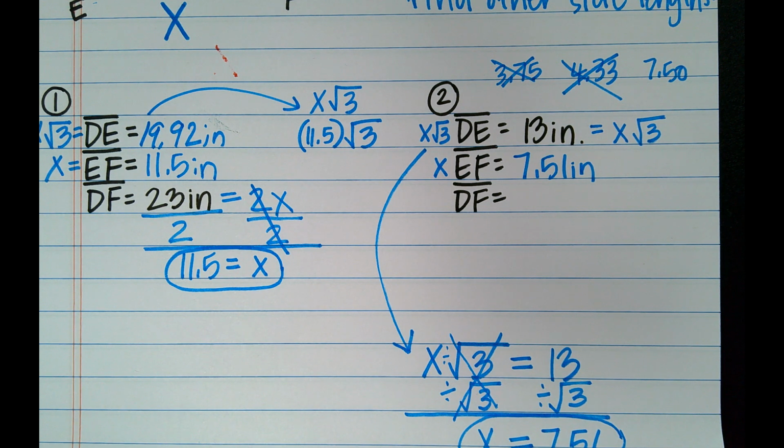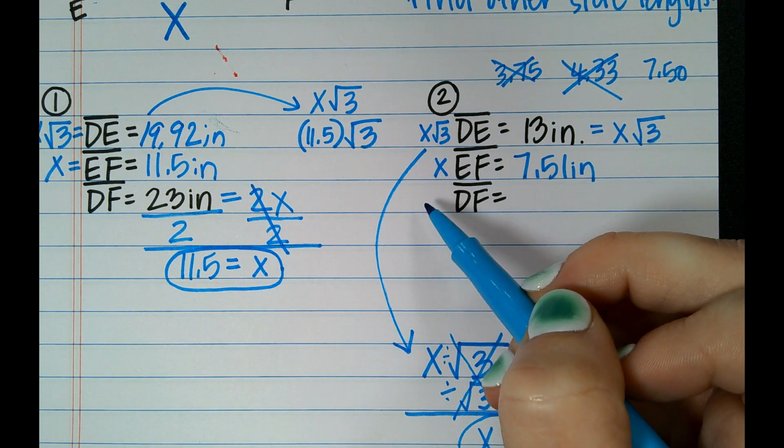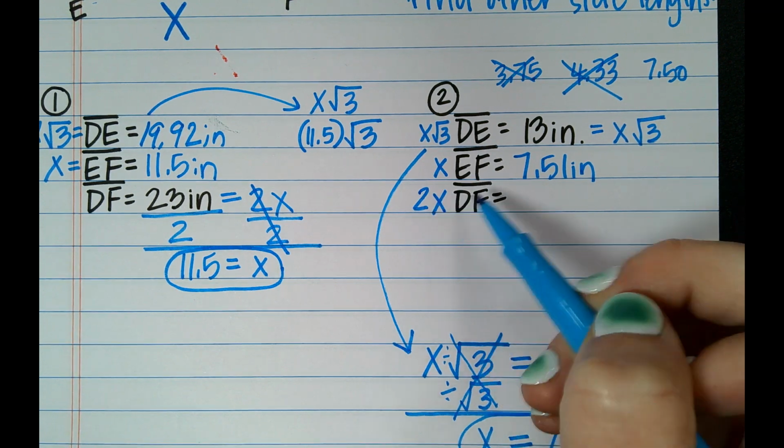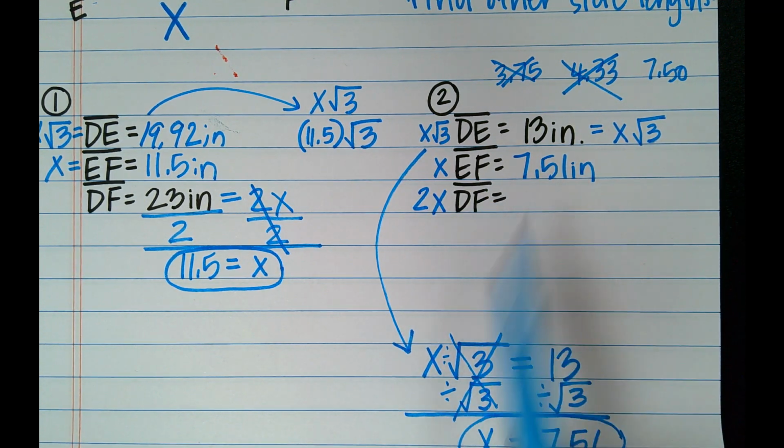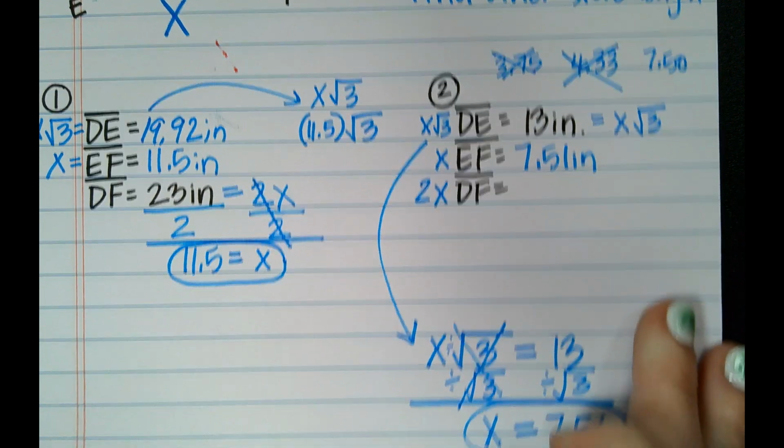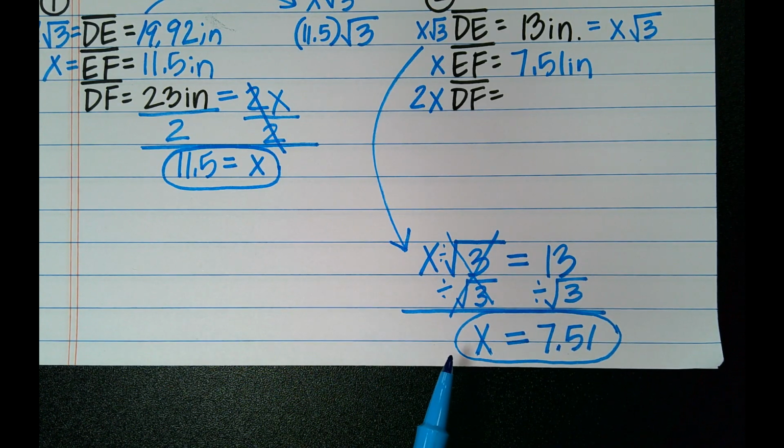How do I find that? 2x equals 7.51. Okay, so 2x equals 7.51. Let's see. So if x equals 7.51, can 2 times x also be 7? Or is it 2 times 7.51? That's it. 2 times x.